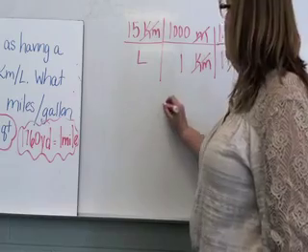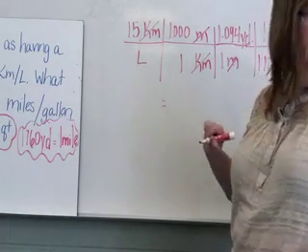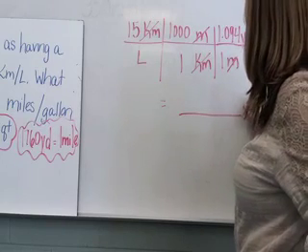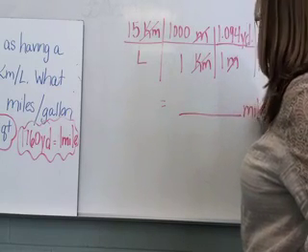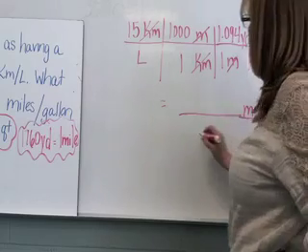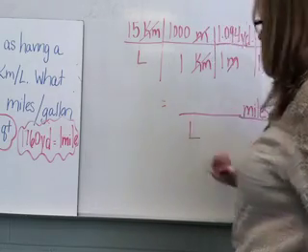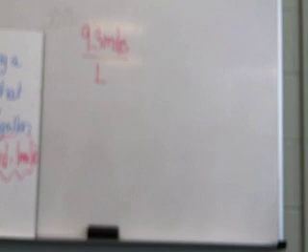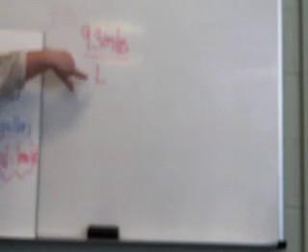When we do all of that math, we will get a value that will tell us how many miles we have, but our denominator is still in liters. Okay. After converting our kilometers to miles, we wound up with 9.3 miles per liter.